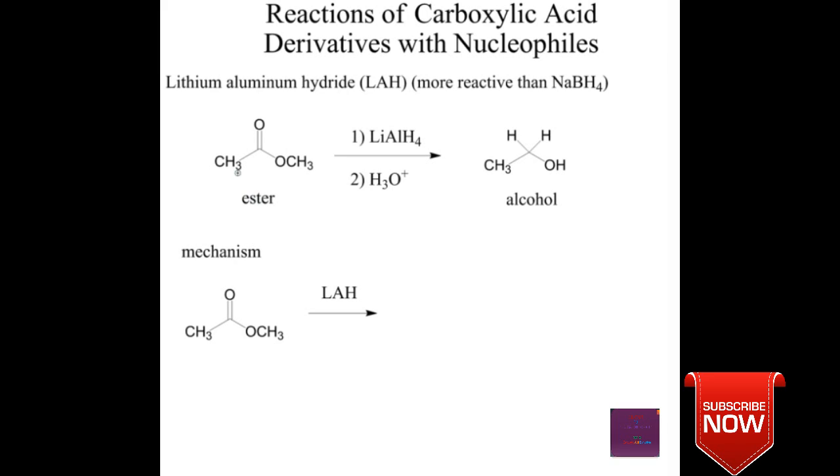So when you react it with an ester, you actually end up getting an alcohol product again, and 2 equivalents of the hydride are added. So let's see if we can do a mechanism for that. Lithium aluminum hydride is a source of H-, so we can draw H- in quotes. And I'm pretty sure the mechanism is going to start as usual. Nucleophile attacks the carbonyl.